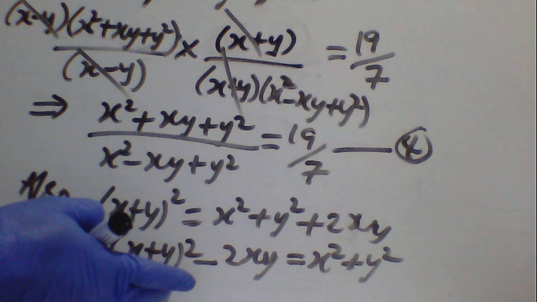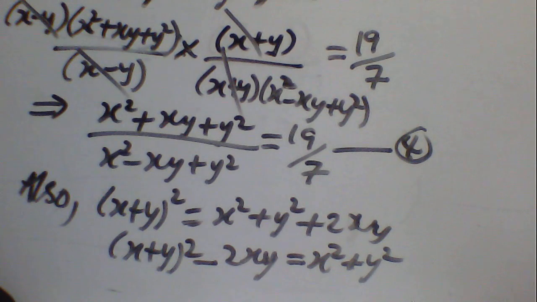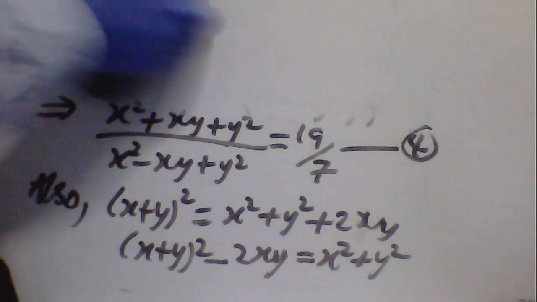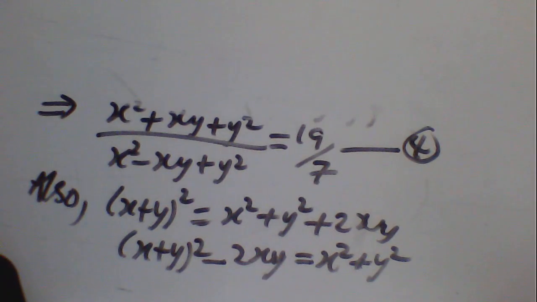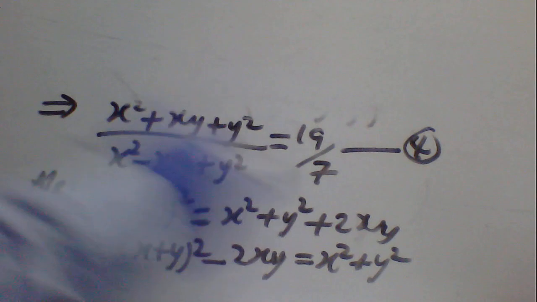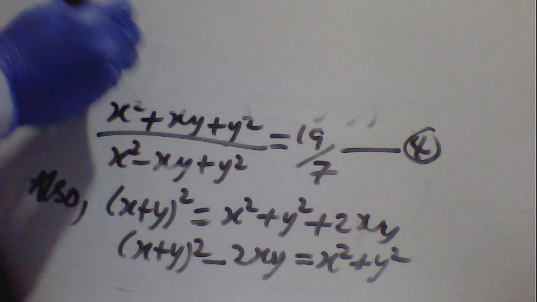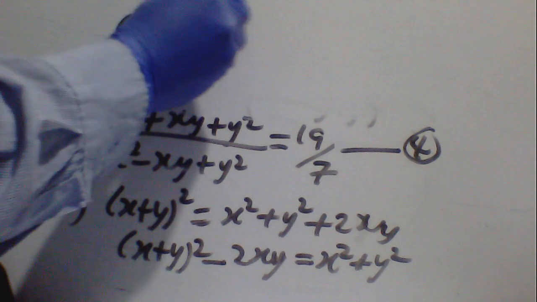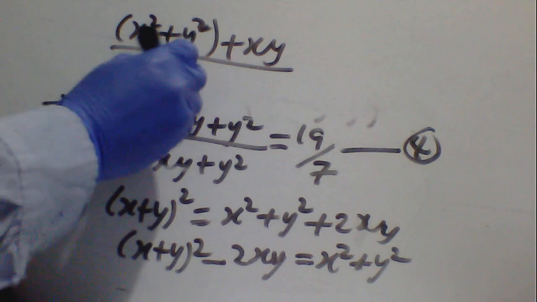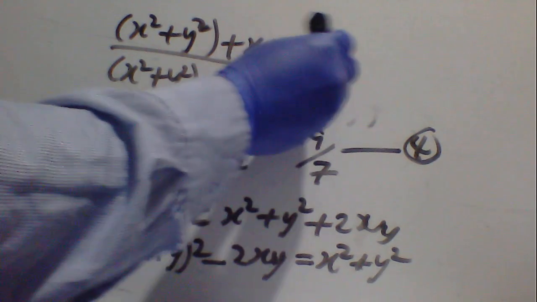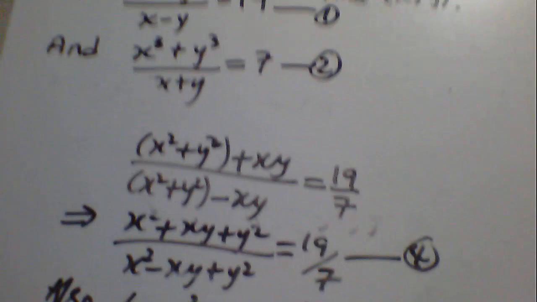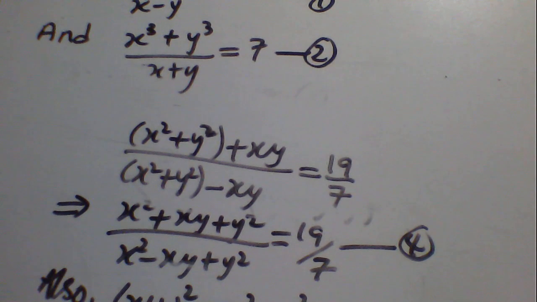Bring s^2 and y^2 together: (s^2 + y^2 + sy)/(s^2 + y^2 - sy) = 19/7. This is what we get after the rearrangement.